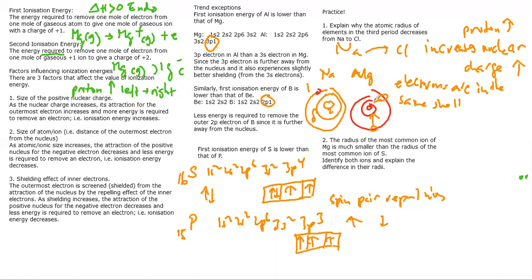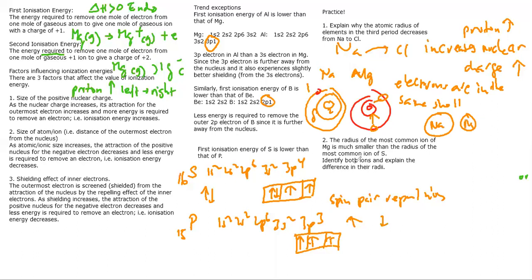So the size of Mg is smaller than the size of Na, because the newly added electron will be attracted greatly to the nucleus, making Mg slightly smaller than Na. So this is Mg, this is Na.